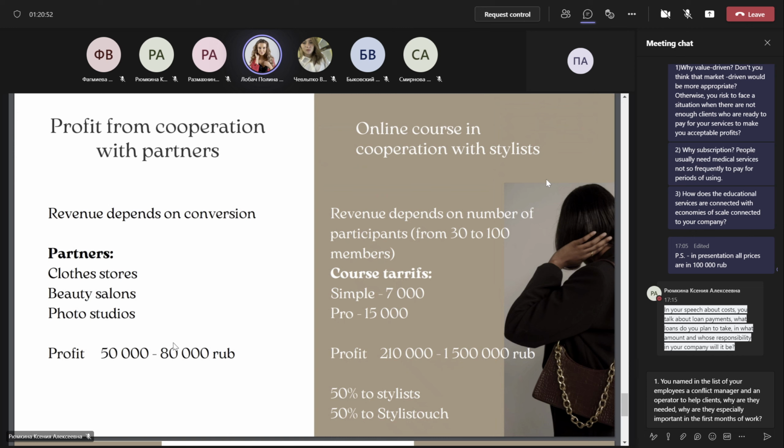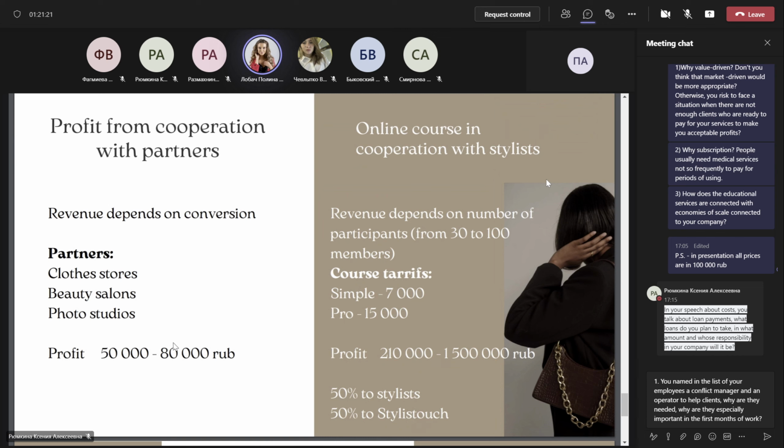Also, when we form a good base of stylists, we can launch an online course about fashion in cooperation with them. All figures about the online course you may see on the slide. In our online course, women will be able to learn rules about combining clothes into stylish images, choose the right clothes for their body type, and so on.